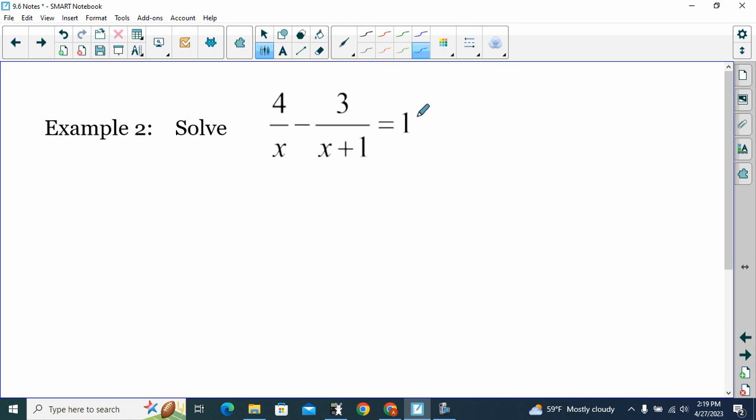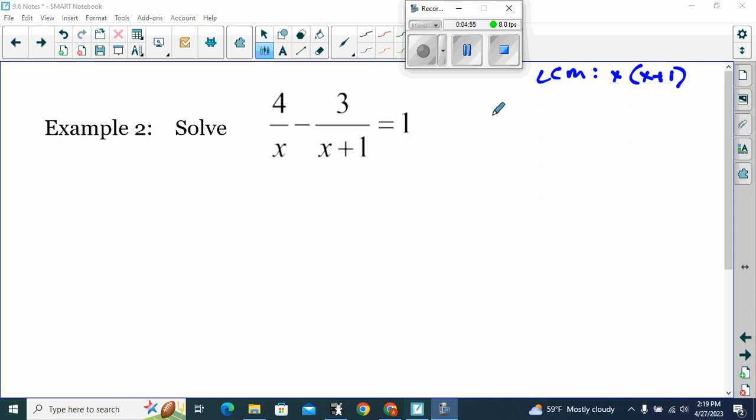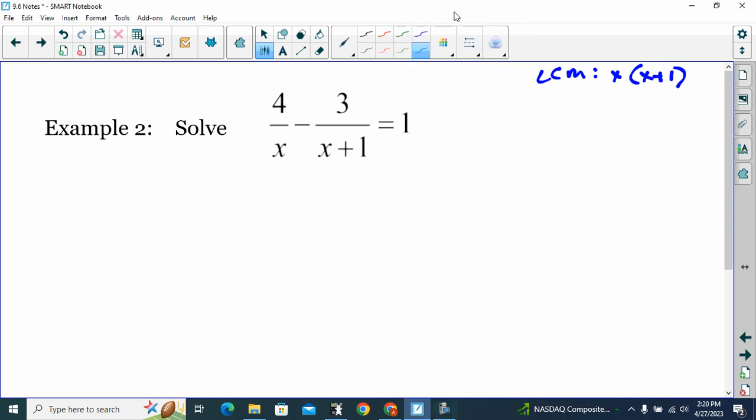Multiplying both sides by the least common multiple, we do not need to start by subtracting these fractions. So our LCM of the denominators is just going to be x times x plus 1. So we multiply both sides of our equation by that least common multiple.